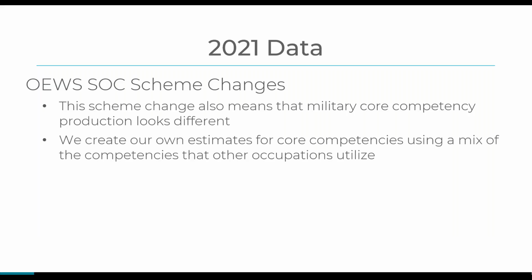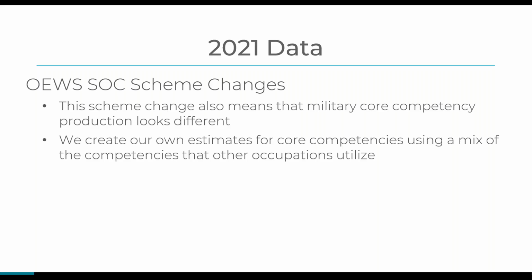This source data change also means that the military data is going to look a bit different, especially for core competencies. So core competencies data from ONET does not always cover every occupation. This is true for both military and for several occupations that have an all other as their description.